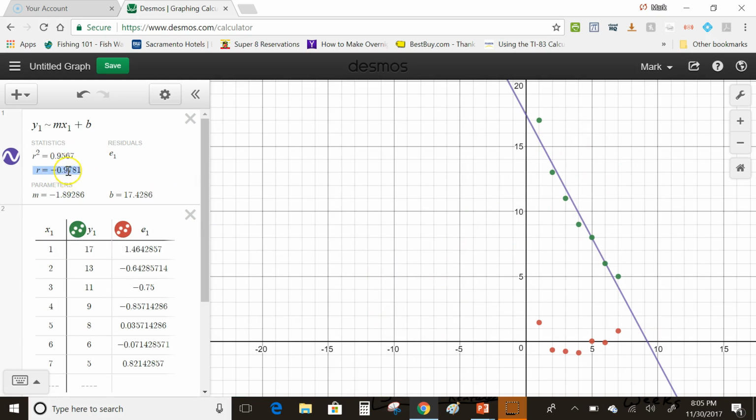But it says negative 0.97. That's pretty darn close, almost 0.98. That's really close. Now, if it said negative 0.5, those points would be all over the place. Probably not much of a correlation at all there. When you have that bad of an R factor. So you want an R factor up there in the 90s, okay, or up at 1 there.